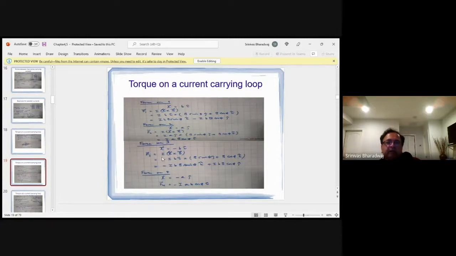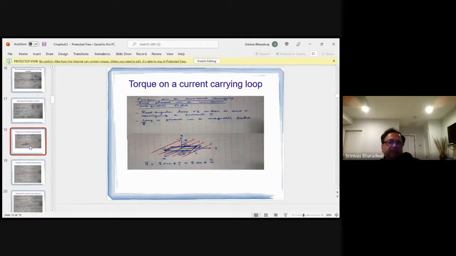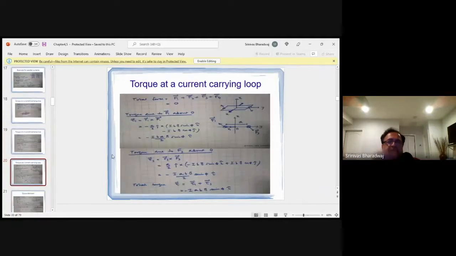Okay, notice that a couple of them will be 0 and the other two will have a particular value. Okay, so the net force will be 0, but the force on R1 and R2 will produce a net.